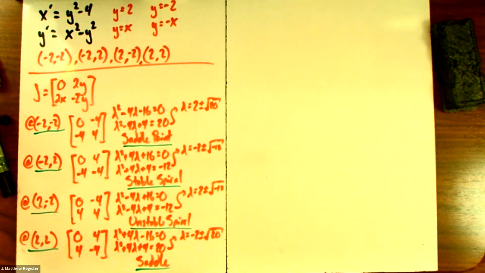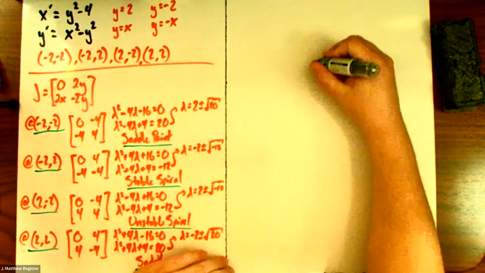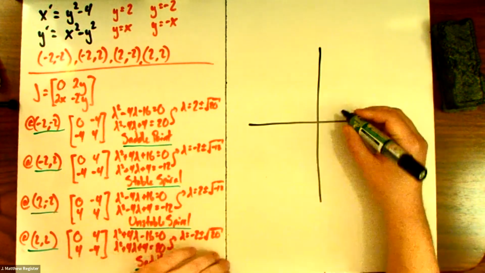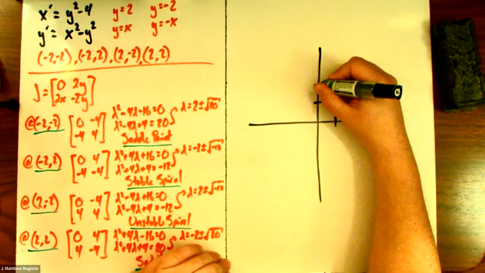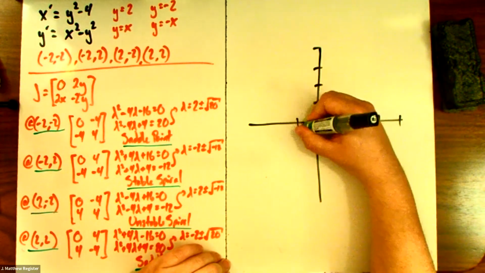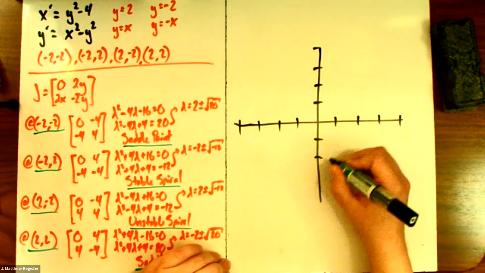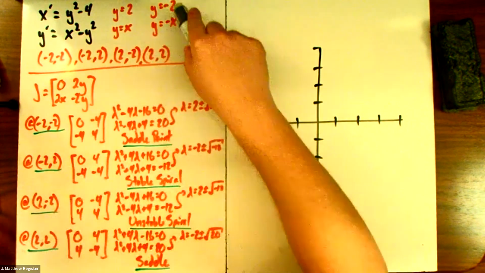And so we now have all of our classifications. Let's see if we can graph this. To do the phase diagram, it's going to be the same process as before. Let's go out 1, 2, 3, 4 in each direction as best we can. And then we're going to do our nullclines.